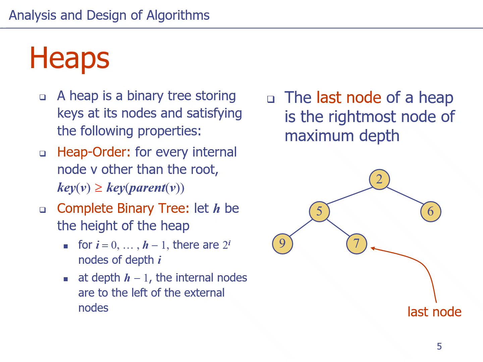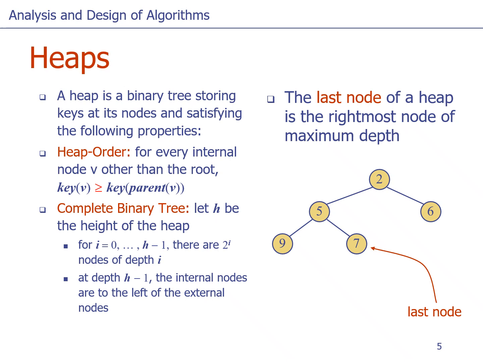What does that mean? Look at the right side, you see a heap. The key in any node is greater than or equal to the key of the parent of that node. So 5 is greater than 2, 6 is greater than 2, 9 is greater than 5, 7 is greater than 5.